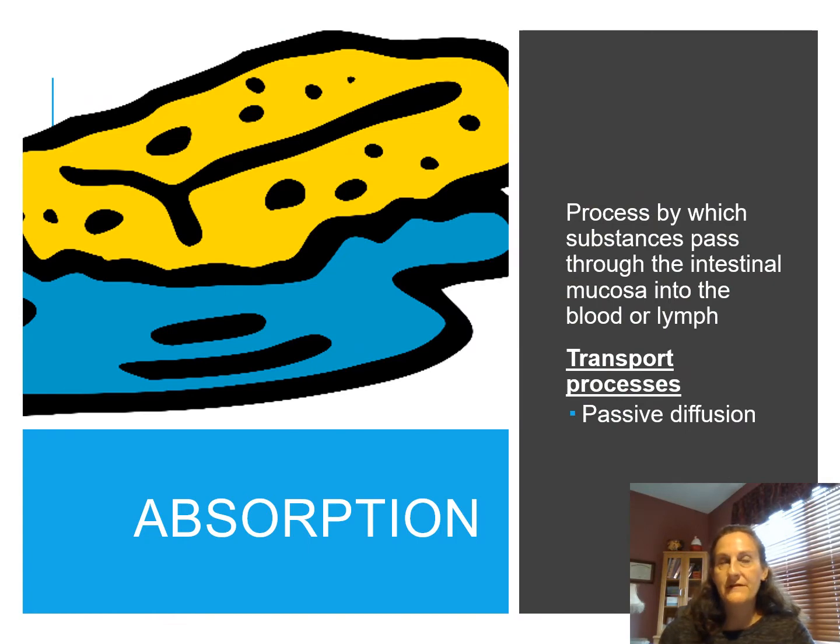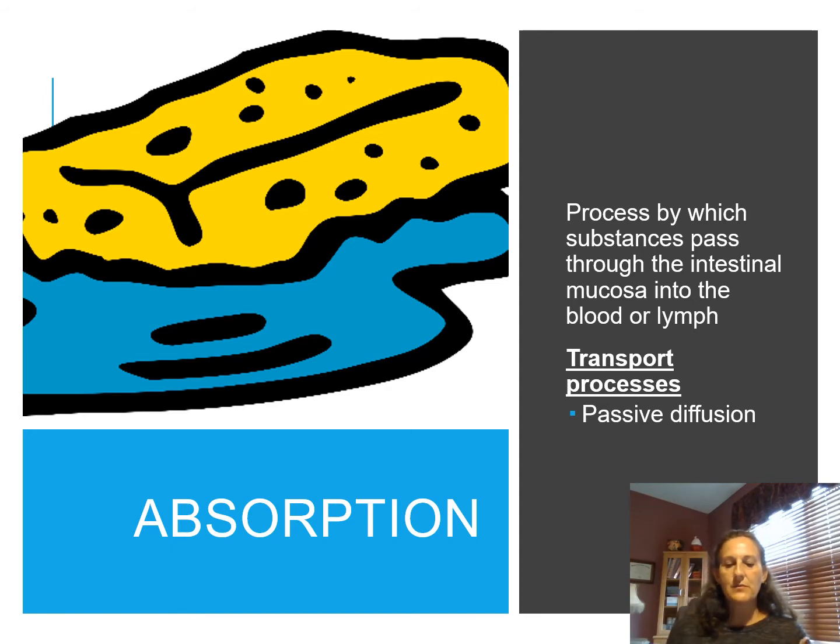Absorption is a fascinating process by which substances pass through the intestinal mucosa into the circulatory system or the lymph system. There are different transport processes that you want to be familiar with, and they include passive diffusion, facilitative diffusion, and pinocytosis.